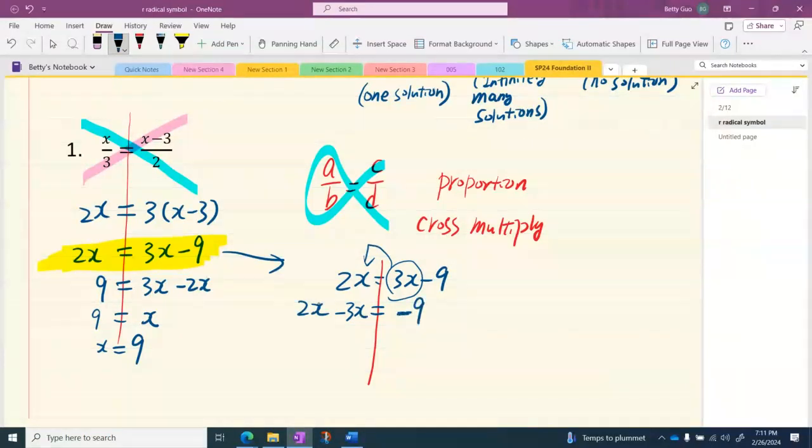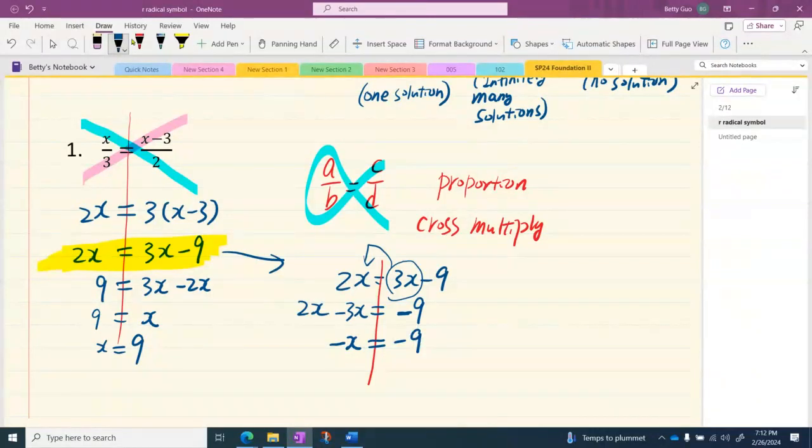Advantage of this method is you don't have to move two terms. You only need to move one term. However, on the left side right now, you have 2x minus 3x. You win 2x, and the second game you lost 3, so you lose 1x. And on the right side, you have negative 9. What's the coefficient of x?